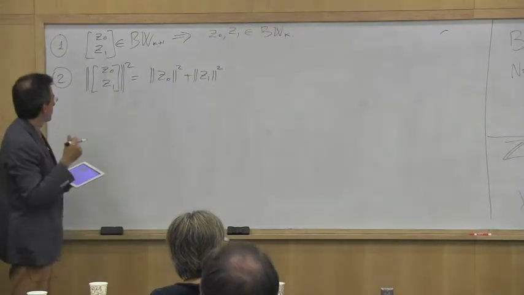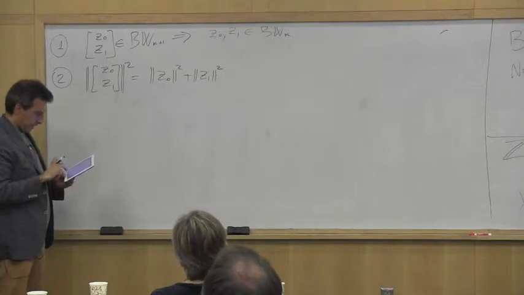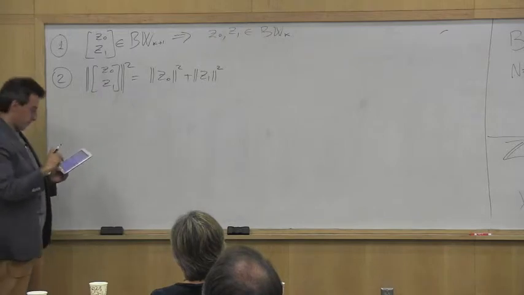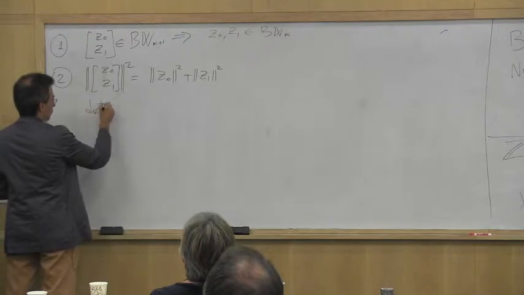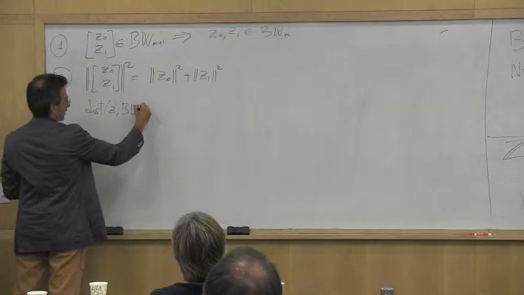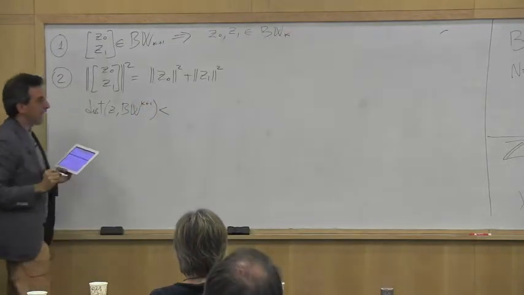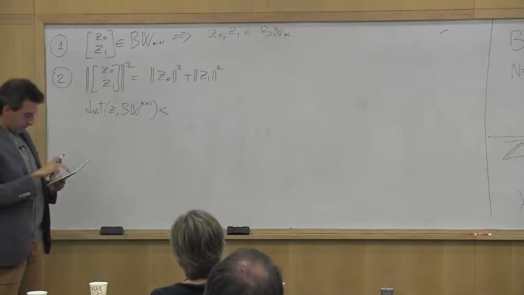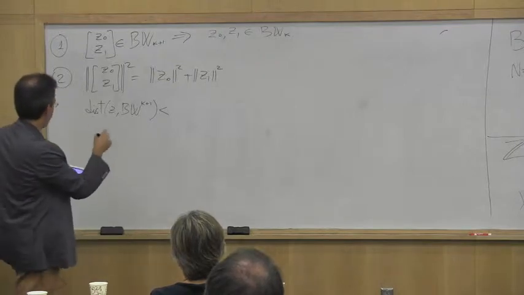What is the observation? That if the norm of this vector, so if you have a point in space, if the distance between this vector z and the Barnes-Wall lattice is less than half the minimum distance, let's take the square.